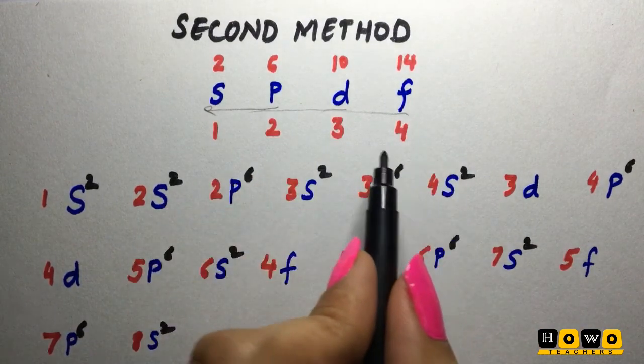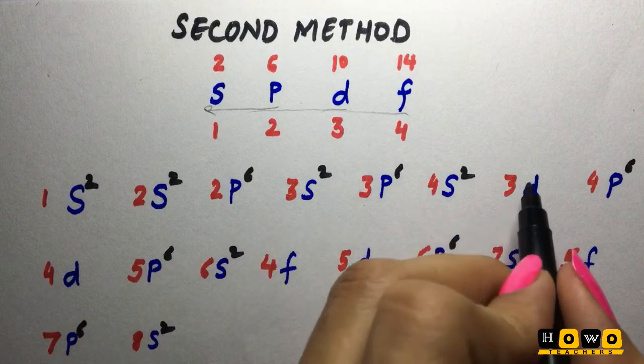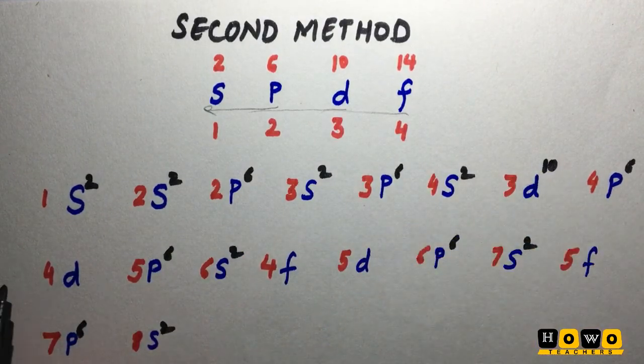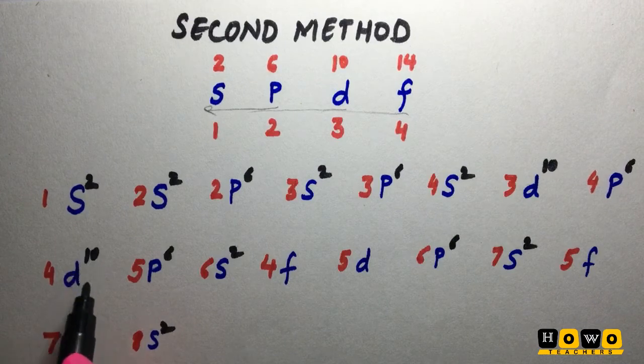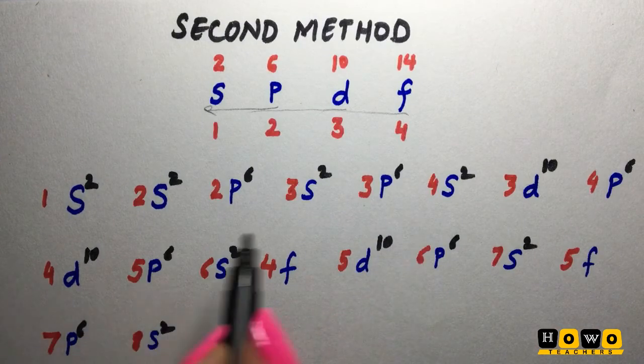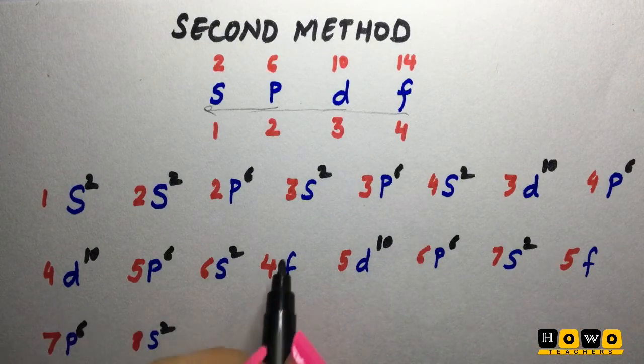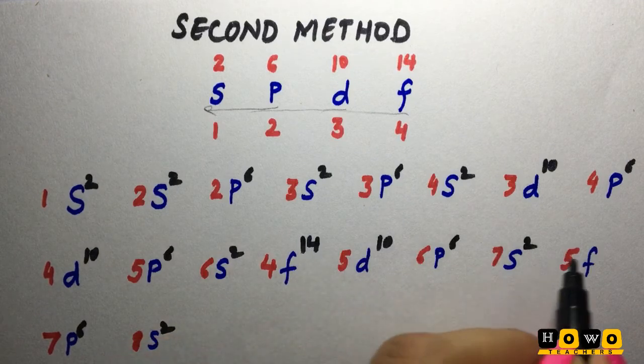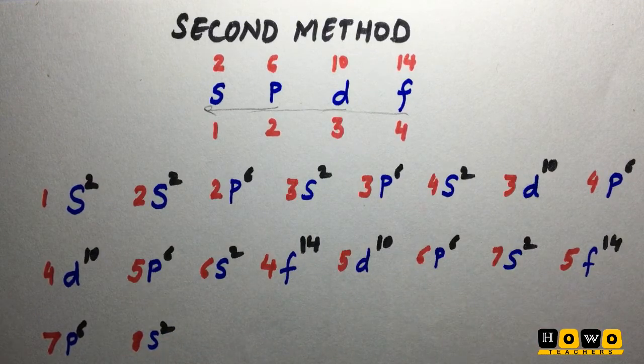And D will have a maximum of 10. So let us write 10 wherever D orbital is there. And F will have a maximum of 14. So this is how you have to write the sequence of the electronic configuration.